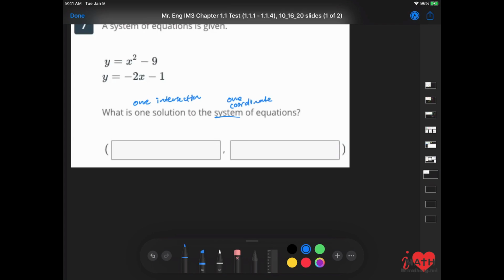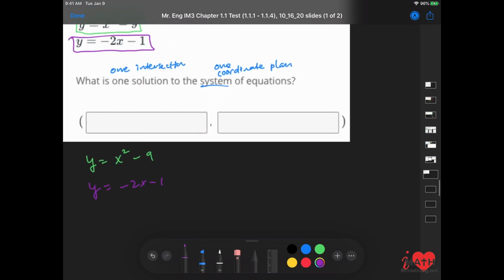What are some advantages here? Both equations are set equal to y. This lends itself to one way of solving the systems we've been learning: substitution.